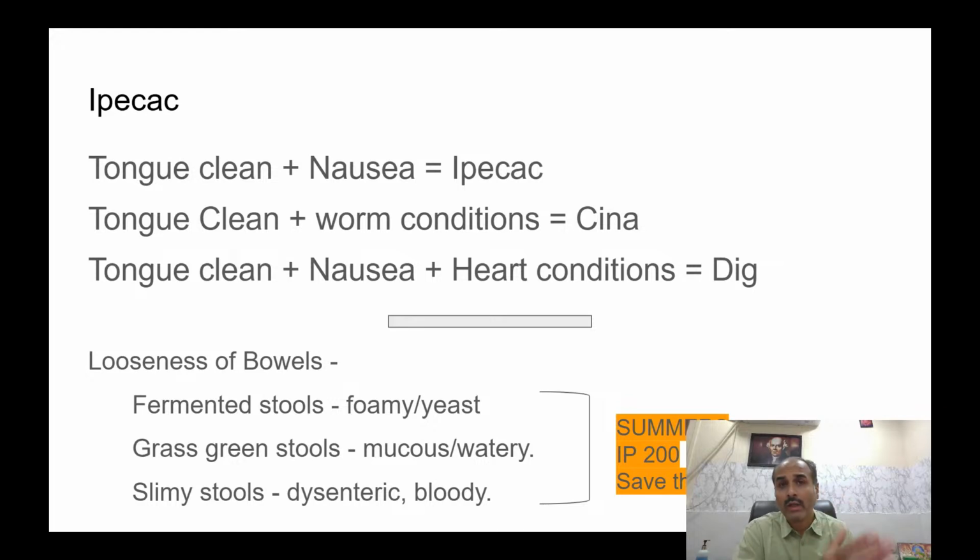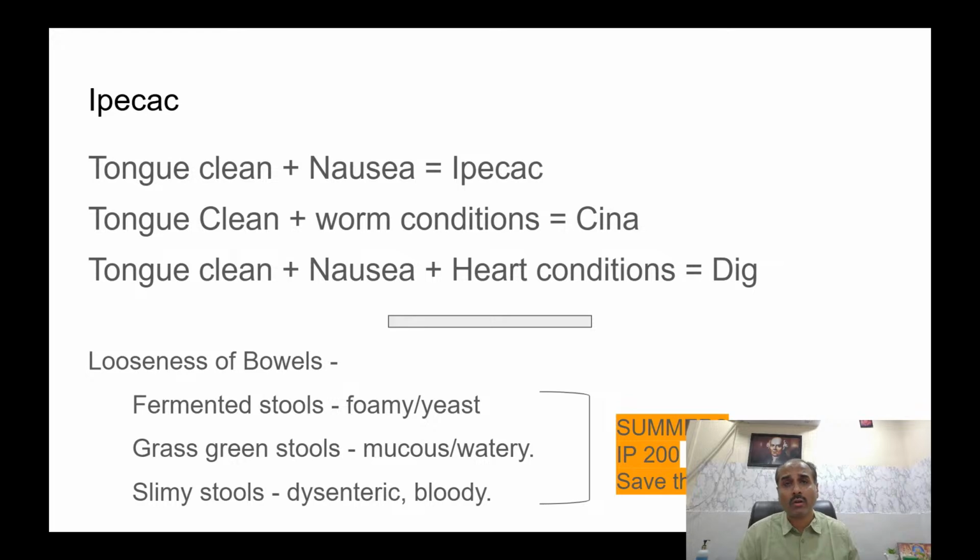In patients who require ipecac, the looseness of bowels is seen in three types. Number one is the type of fermented stools. It can be foamy, frothy, like yeast. Number two will be like grass green stools, or mucus and watery, what we understand from the patient's presentation.